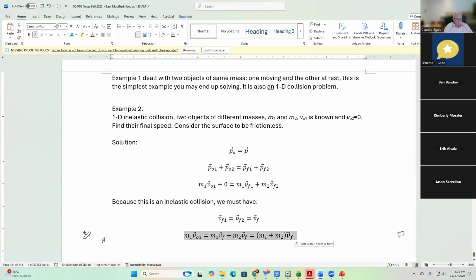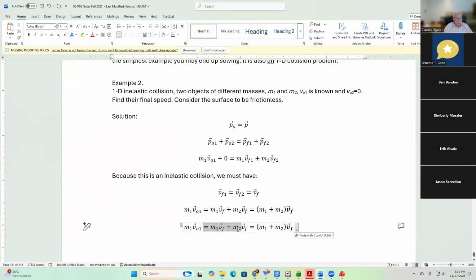The relationship in question is this one here. And then we solve for the unknown quantity, which is the final velocity. Here you go, M1 over M1 plus M2.